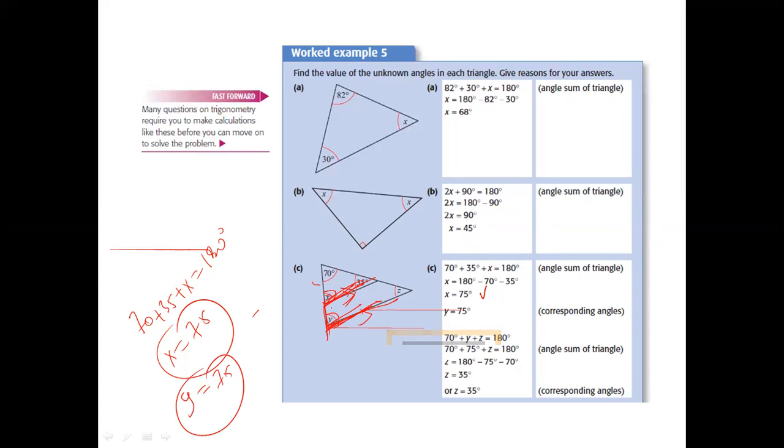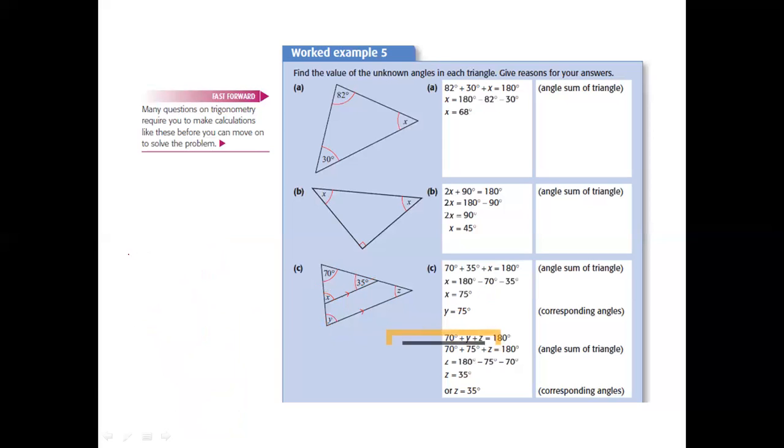And what about z? Let me find it. So x was 75 and y was 75. And here we have a straight line, and the exterior angle of x is 105.